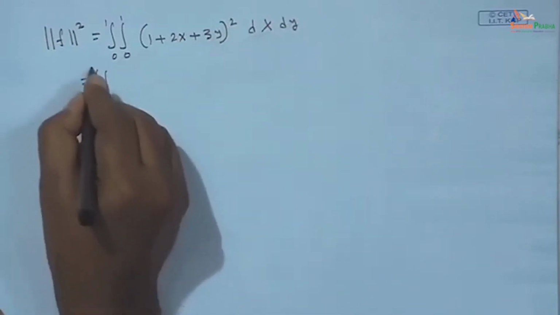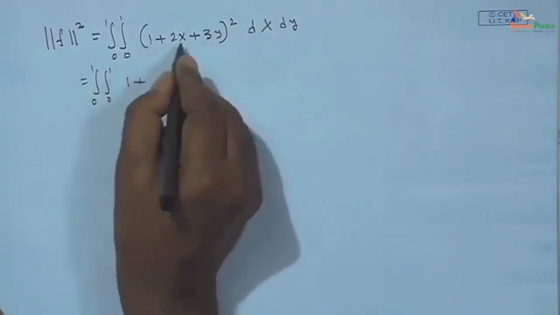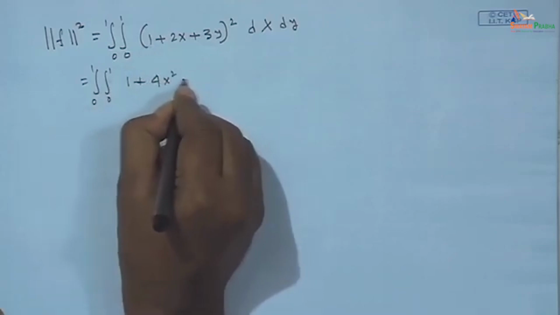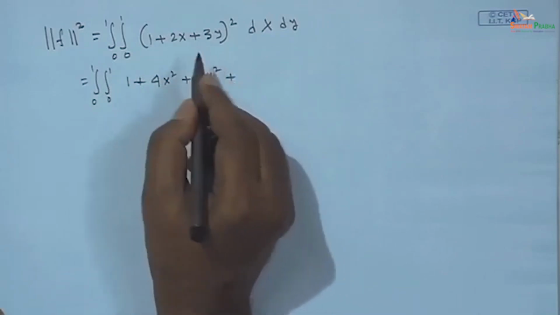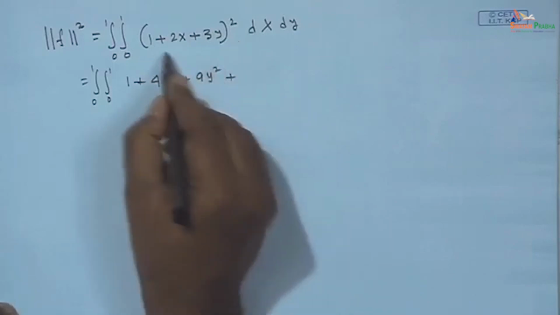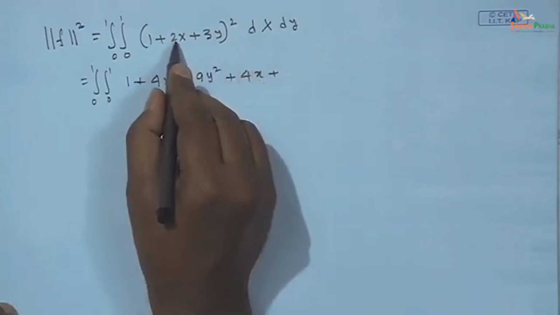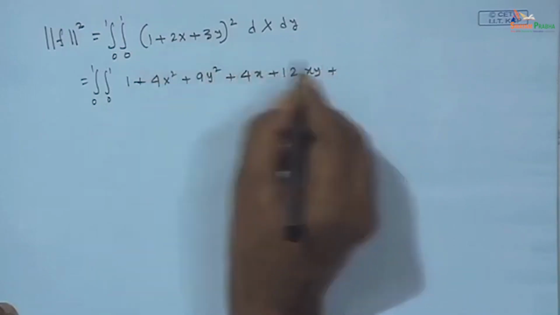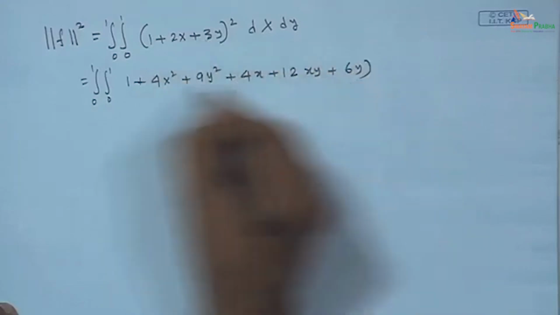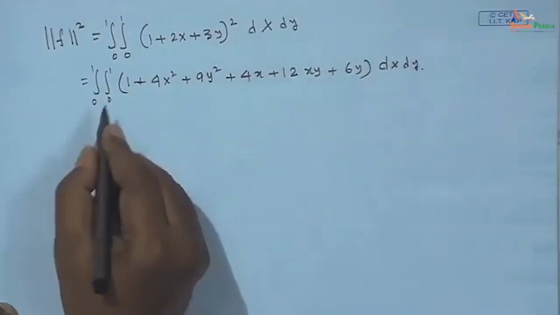Just open up this square. It will be a squared plus b squared plus c squared, that is 1 plus 4x squared plus 9y squared, plus the cross terms: 2 times 2 is 4x, 3 into 2 into 2 is 12xy, plus 6y, dx dy.